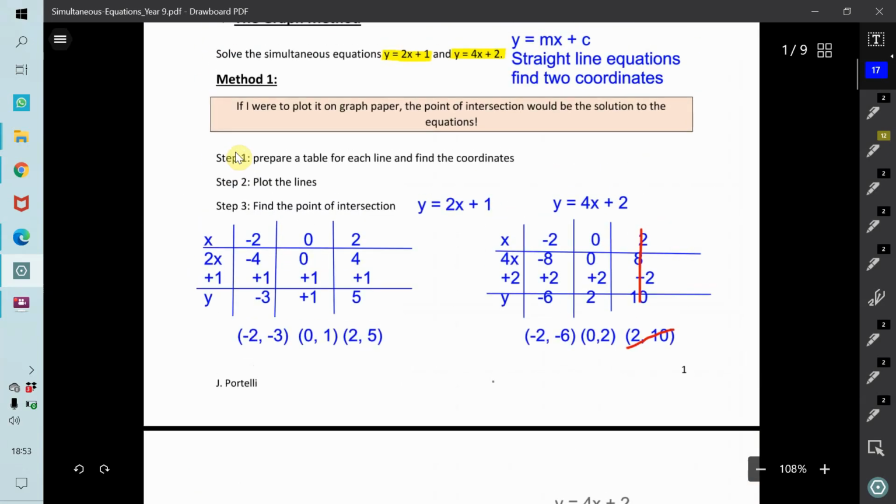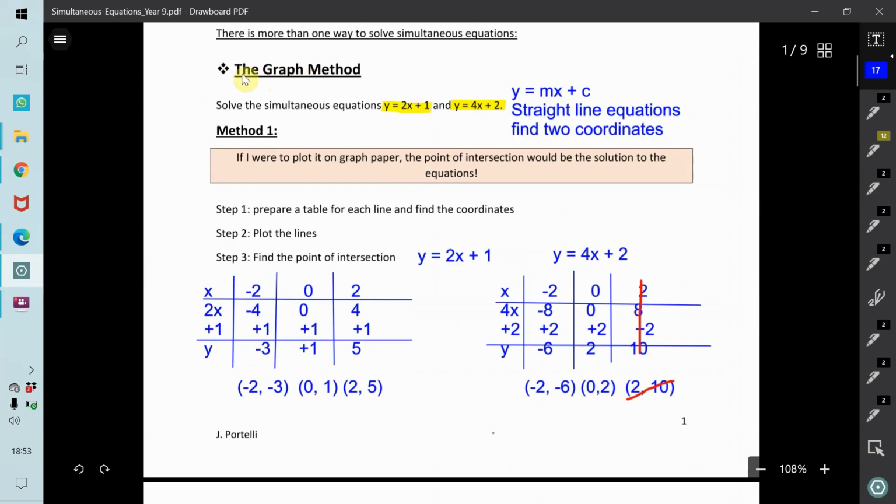So this is using the graph method. And usually the examiner, when he asks you to solve the simultaneous equations and you are required to use the graph method, it will tell you specifically, using your graph, find the values of your two equations.